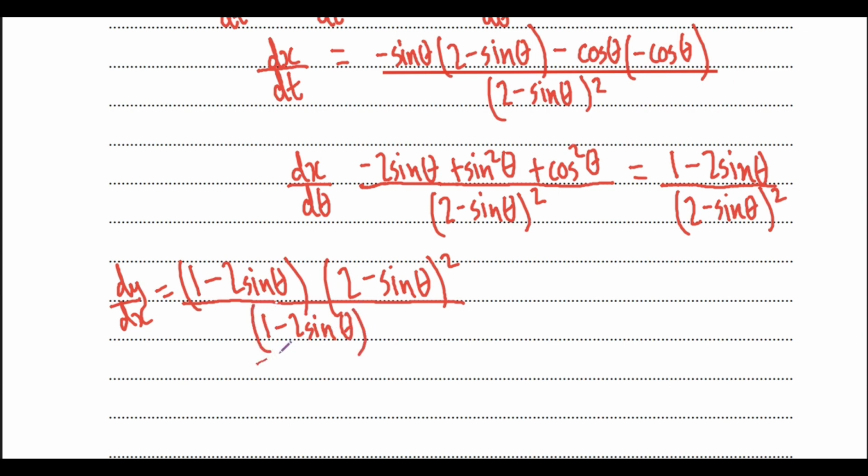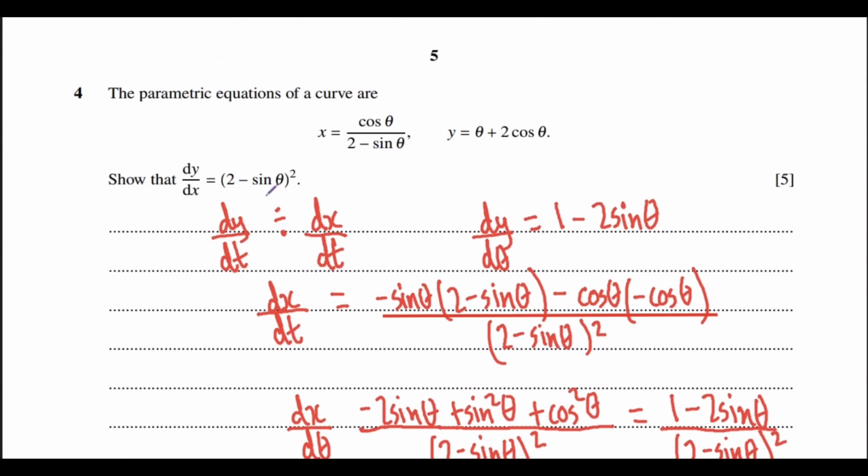But you can see now you have 1 minus 2 sine theta in the denominator and the numerator. So they just cancel out. So you're left with dy by dx is equal to 2 minus sine theta all squared. So you can see you end up getting the correct answer. That's what you have to show.